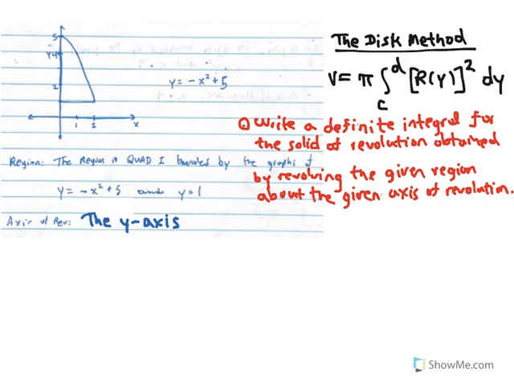So what we want to do is write a definite integral for the volume of the solid of revolution obtained by revolving the given region about the given axis of revolution.